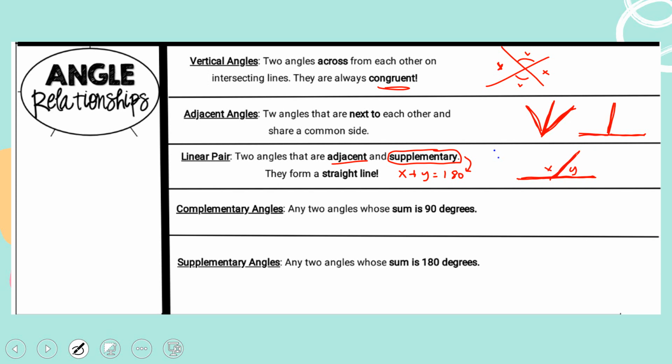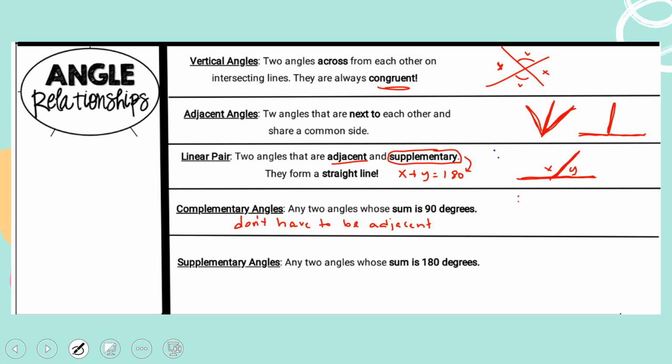Complementary angles are angles that add up to 90. They don't have to be adjacent. They usually are, but they don't have to be.